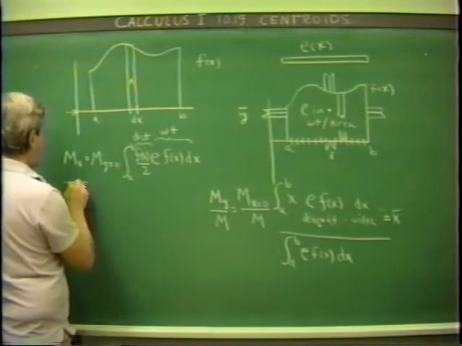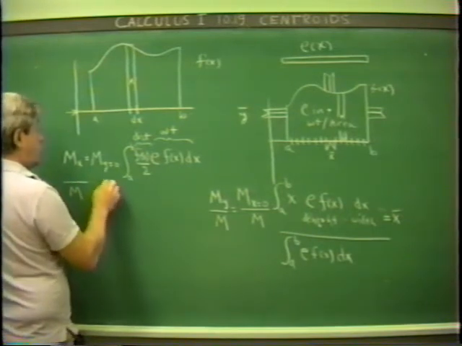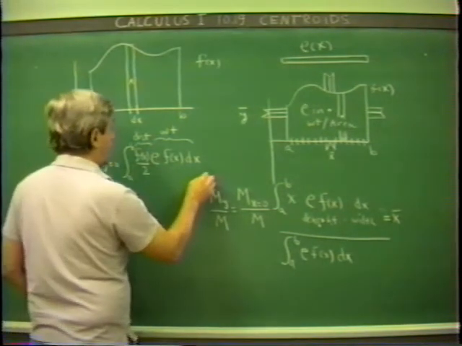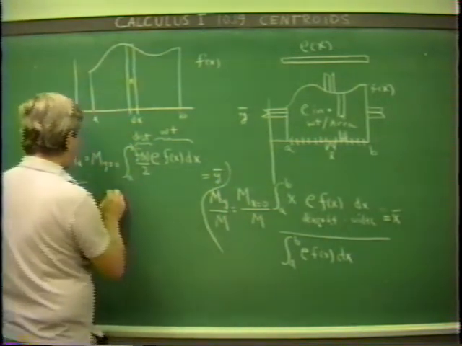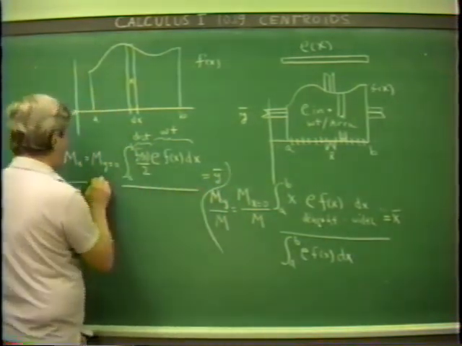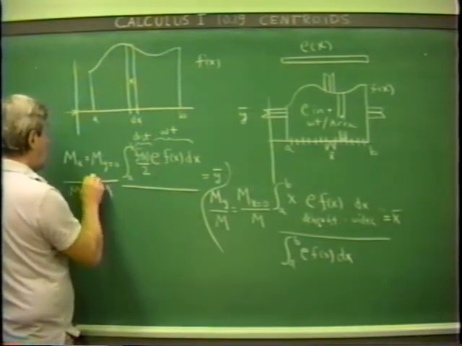And we want to add this up from A to B. So this is going to be the moment. If we were to put a fulcrum at the x-axis, it's going to be the total moment of this. And now if we divide this by the total mass, this should give us y bar.